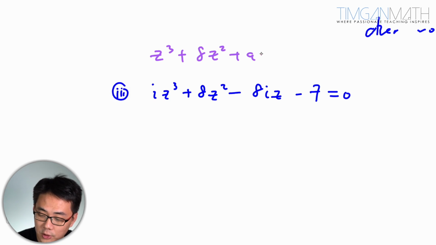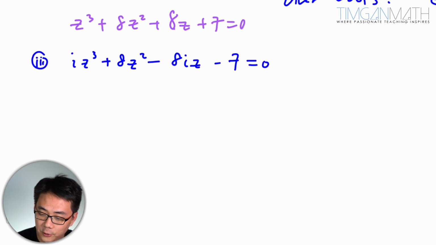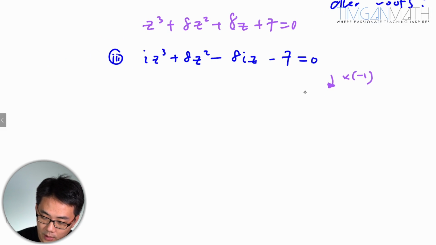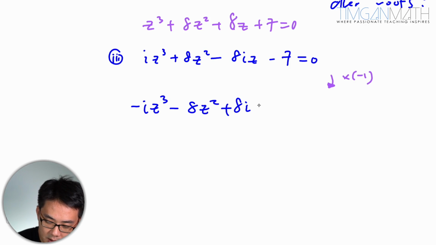This is what I need to change to. The first thing I need to do is change this to positive, so multiply this with negative 1. Then this will be minus iz cubed minus 8z squared plus 8iz plus 7 equals 0.